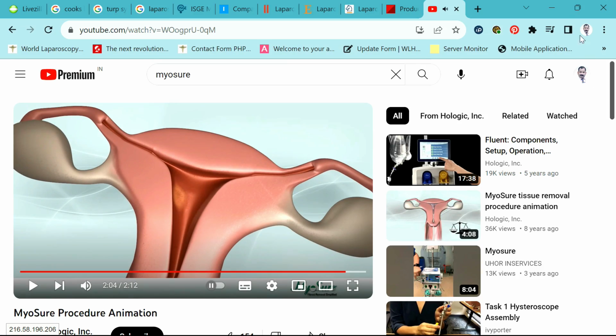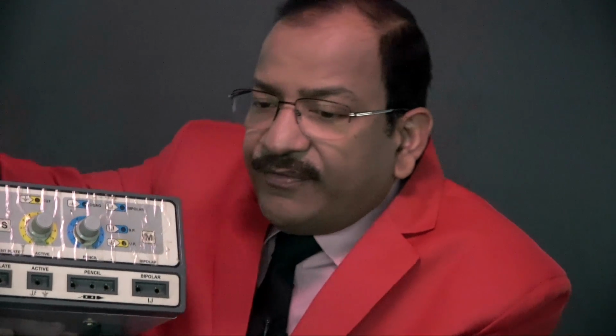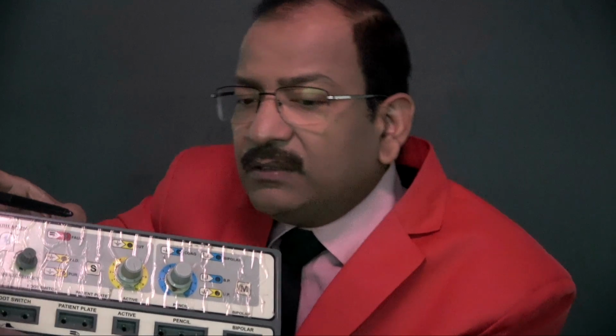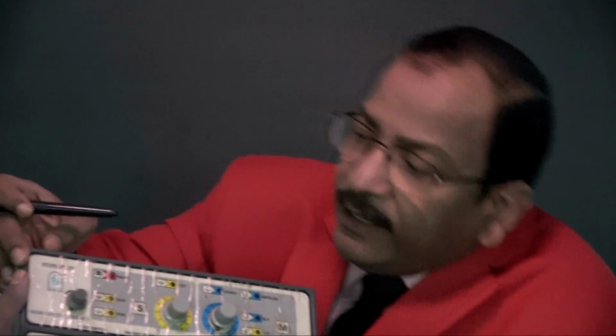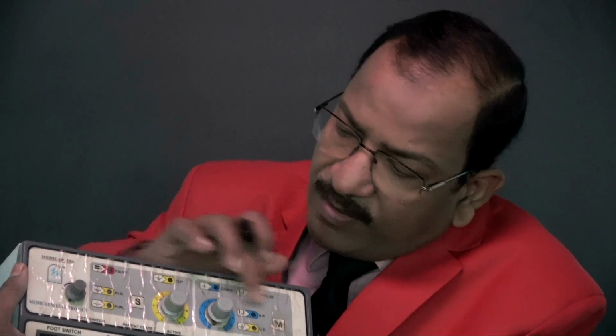Here I was showing you, this is the generator. You will see it is written here 250 watt. Can you see that? What is written? 250. This is the new one, the plastic covering is still on. This is 250 watt, so this will only work for laparoscopy.